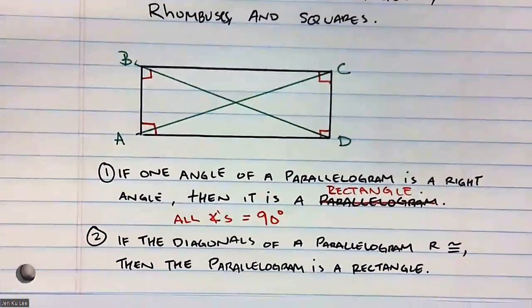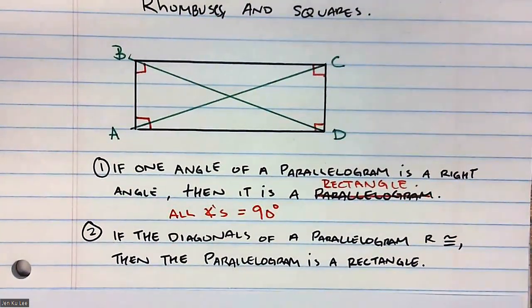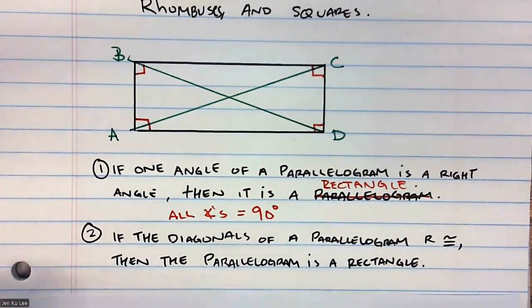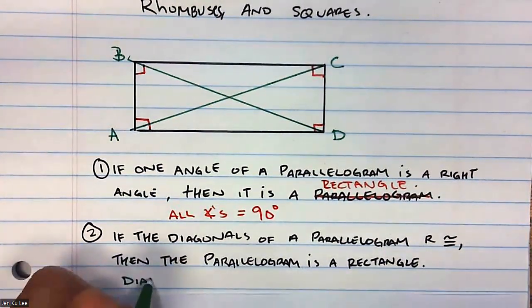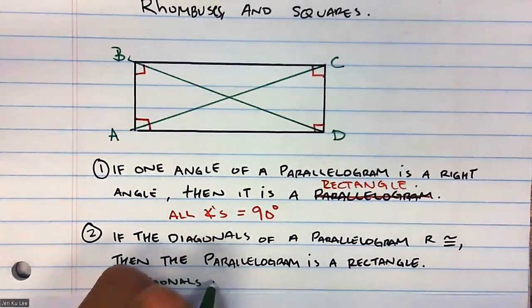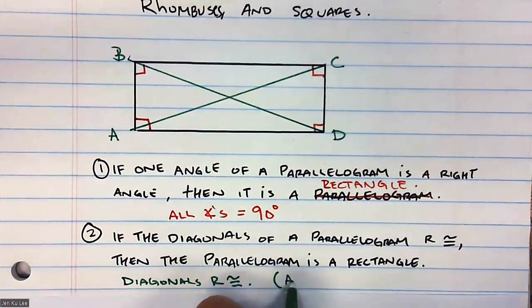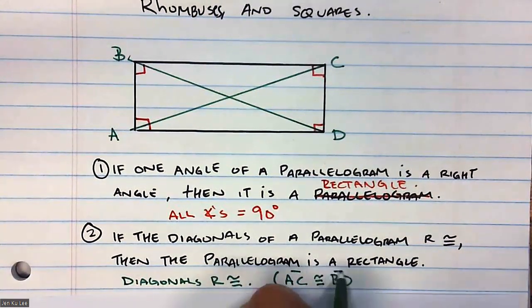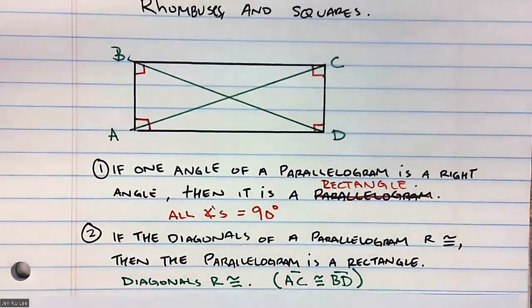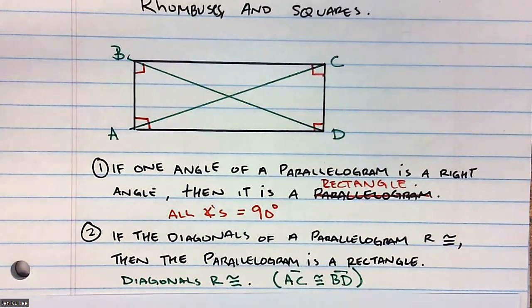If the diagonals of a parallelogram are congruent, then the parallelogram is a rectangle. So you know that the diagonals are congruent. In this case, it's going to be AC is congruent to BD. That's what makes a rectangle a rectangle.